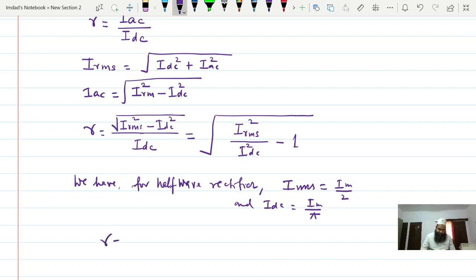Ripple factor R can be calculated for half-wave rectifier.